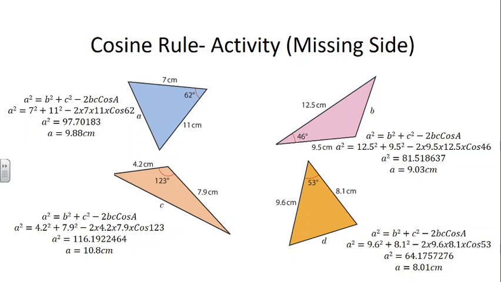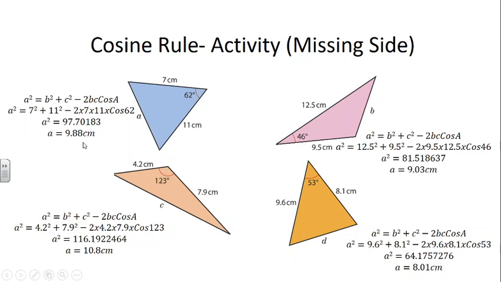So we've used our basic rule for finding the length. I've replaced B and C with 7 and 11. This is my A that I'm trying to find out, which means my cos A gets replaced with cos 62. Typed all of this into the calculator to get me A squared, and I had to remember to square root it.